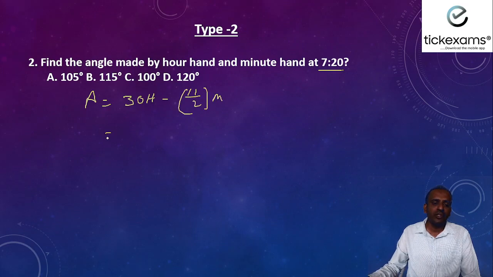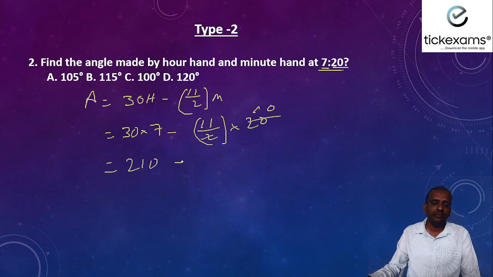So A is equal to 30 into h, which is 7, minus 11 by 2 into the minutes, 20. 30 into 7 is 210, minus 11 into 10, 110. So the difference is 100 degrees. Option C is the right answer.